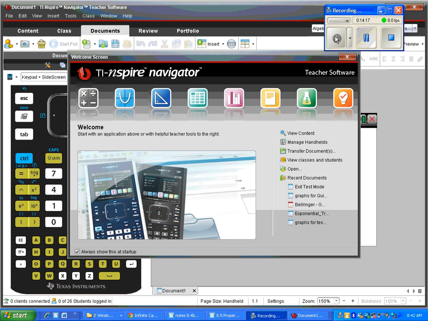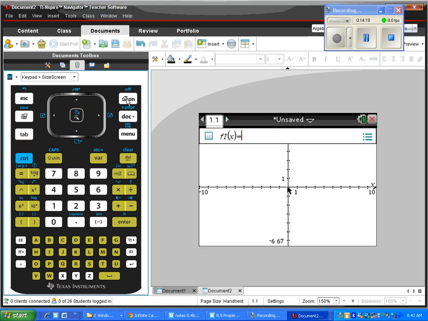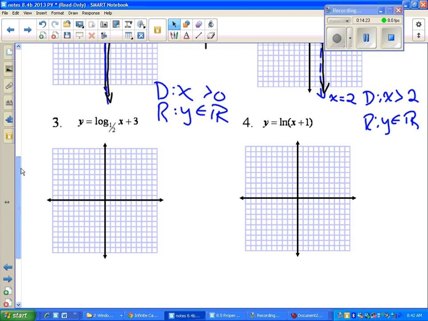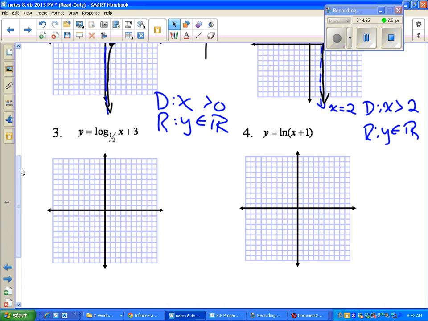All right, so now we're going to do some graphing. We're going to graph my other 2 problems, but we're going to graph them using the calculator. Remember, when you're taking a quiz or a test, are you going to be able to use any base I want? No, you have to use log base 10 or natural log.